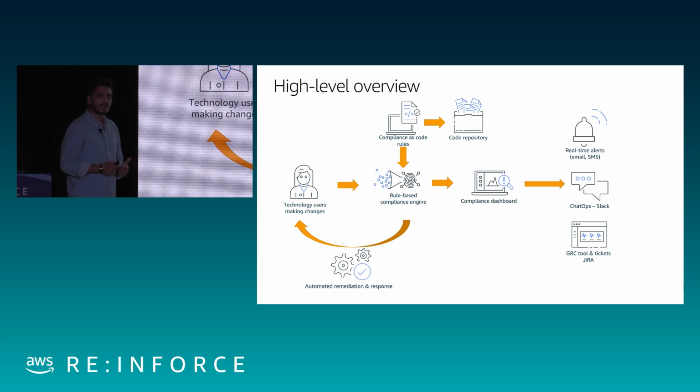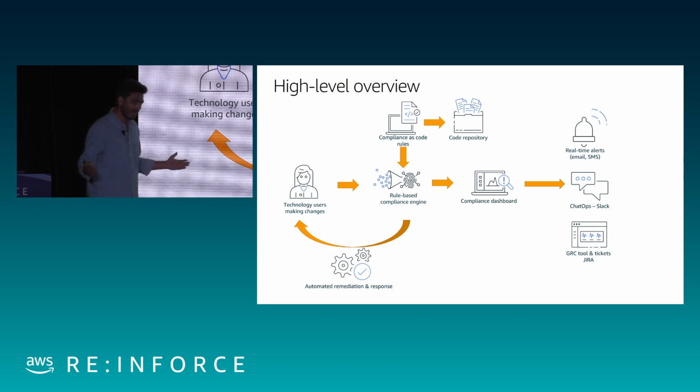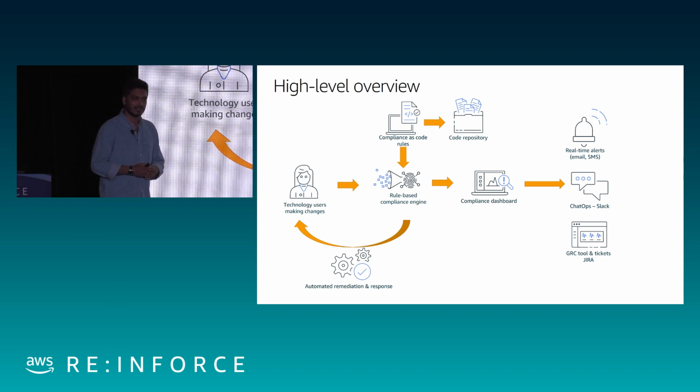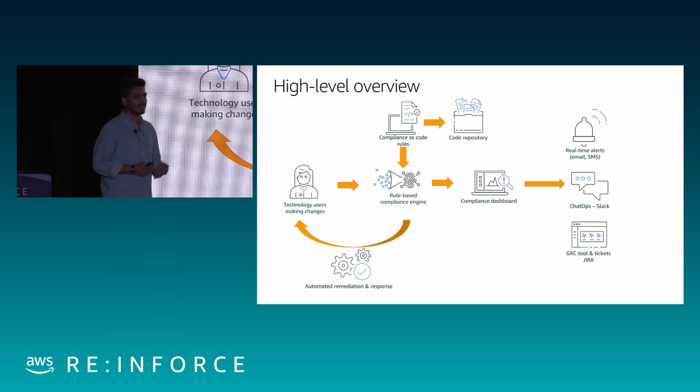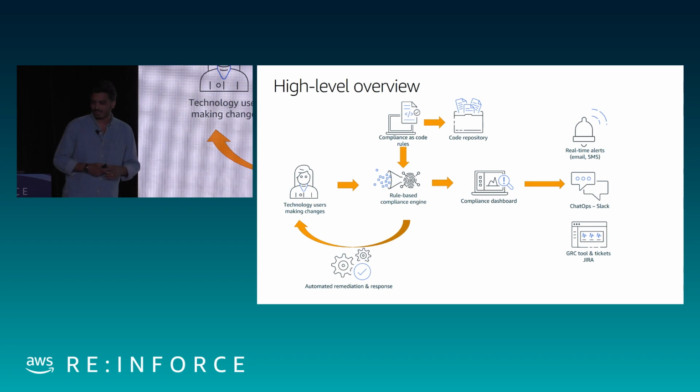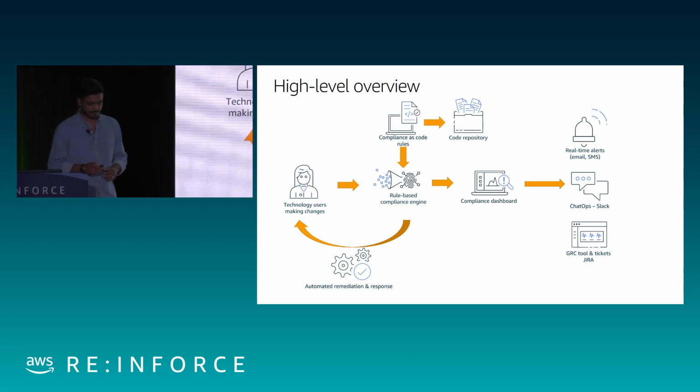Regardless of compliance or non-compliance, all the results are cataloged in a compliance dashboard. Once you have a catalog of compliance results, you can use SNS notifications to trigger emails, SMSs. You can send notifications to your favorite chat ops app like Slack, or send your notifications to a centralized ticketing tool like Jira.